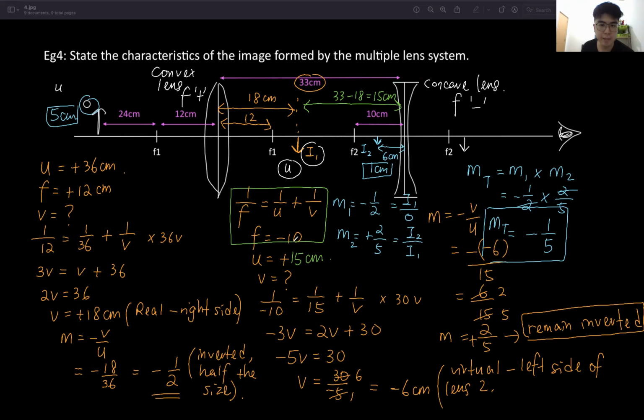That is why we have negative 10 cm and U is positive 15. Okay, did I answer your question? Okay, yeah. Right, so it's like you do the formula 2 times because we have 2 refractions here. All right, you can take this down and we go to the next part.